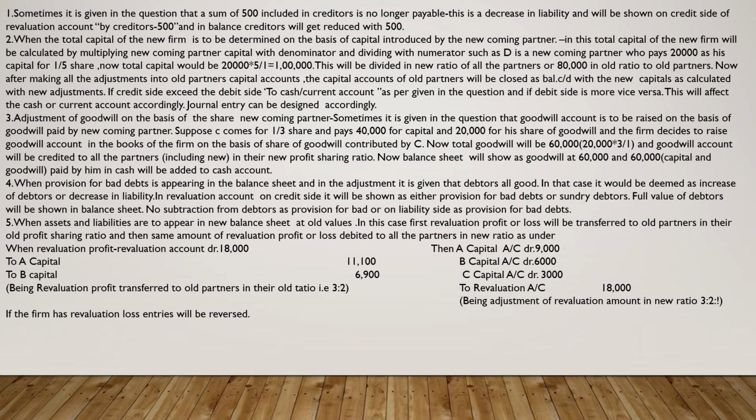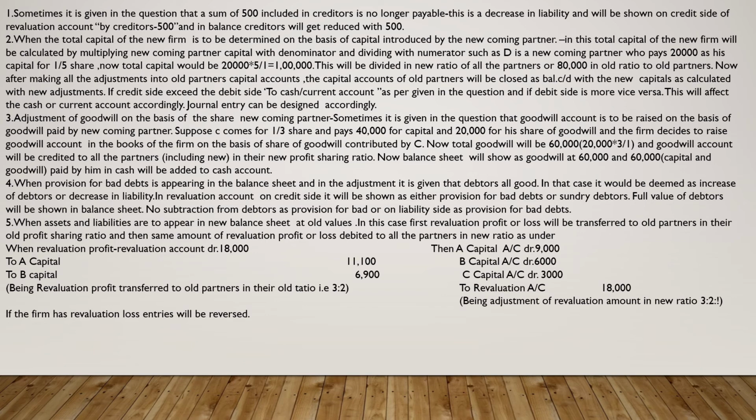Now one more entry will be passed. A's capital account debit 9,000, B's capital account debit 6,000, C's capital account debit 3,000, to revaluation 18,000. Being adjustment of revaluation amount in new ratio.